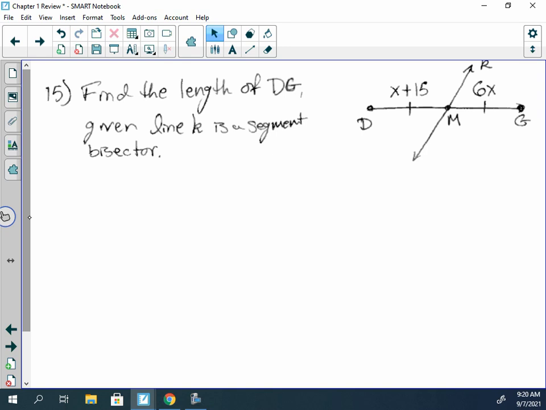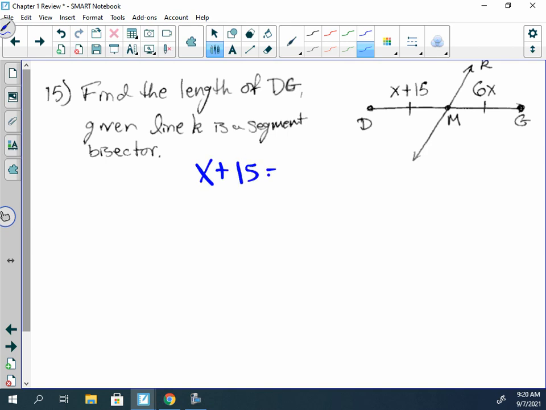Find the length of DG given line K is a segment bisector. Well, a segment bisector does what? It cuts it in half. So it means our two sections are the same. So it means that our x plus 15 is equal to what? Now we need to solve for the value of x.